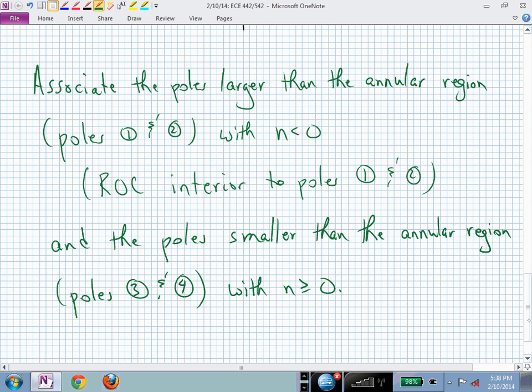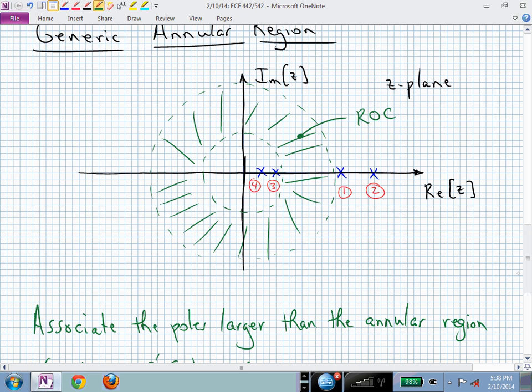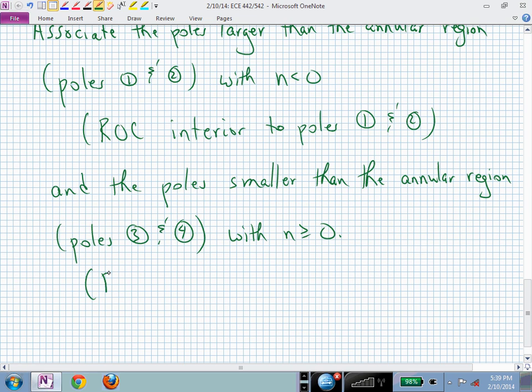So now 3 and 4 are inside this annular region, is what I'm meaning by that. Or here, the region of convergence is exterior to poles 3 and 4, and because it's outside the poles, that now corresponds to these time indices n that are non-negative.